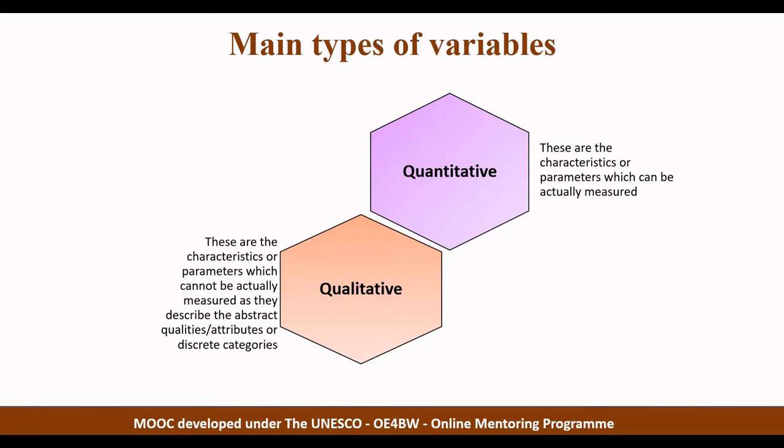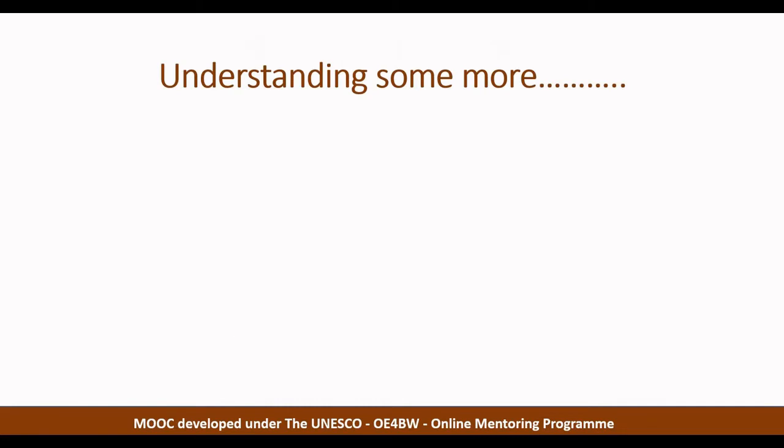Usually, the descriptive type of research studies are based on such variables. Considering once again the example of pharmacokinetic research study, we can consider two variables. One is the concentration of the drug and the second is the respective inhibition observed in the bacterial growth. As both of these are measurable, these are quantitative variables.